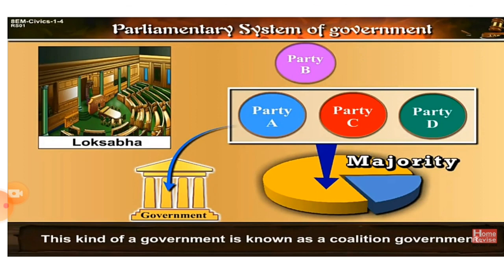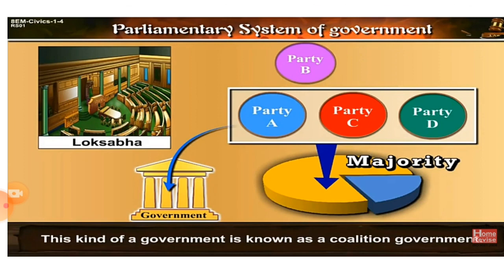In this way, candidates directly elected by people become members of the legislature, and the party in majority gets a chance to form the government. The leader of the majority party becomes the prime minister.